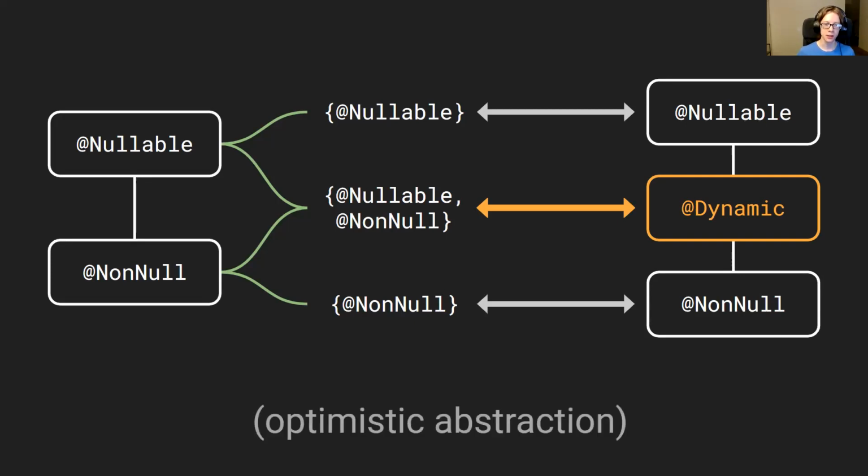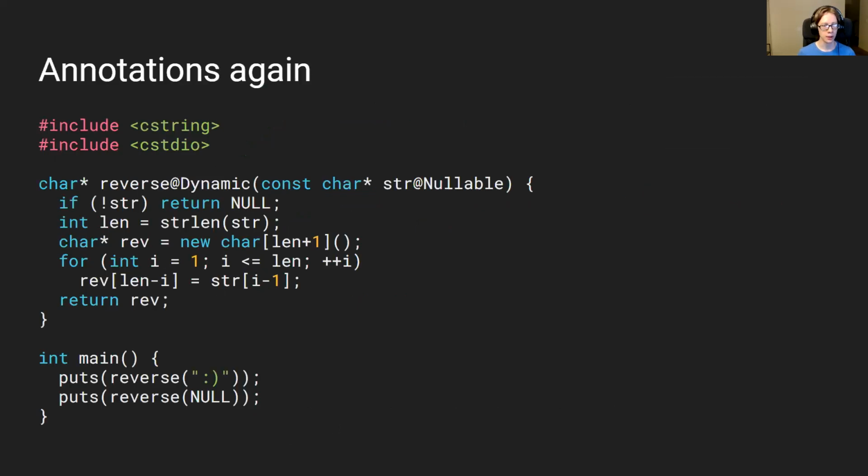And this is going to be optimistic. So the idea here is that you see that dynamic represents nullable and non-null. And in a situation where we are required to have something non-null, we will optimistically say, oh, dynamic includes that. So we will not give a static warning, but we recall that we're being optimistic and then we will insert a runtime check.